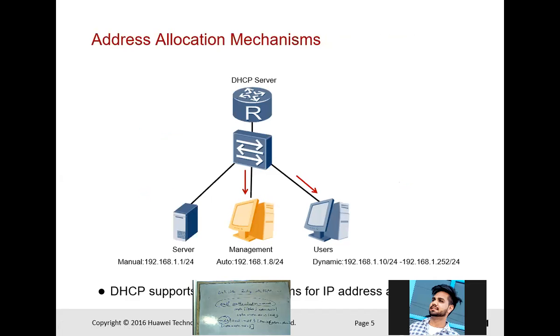When we are talking about manual, that means the IP address is assigned by the server. When we are talking about auto, that means we are assigning a permanent IP address assigned by the DHCP server. And when we are talking about dynamic, any time we can change the IP address. So DHCP assigns the IP address for 1 day, that is the default lease time.